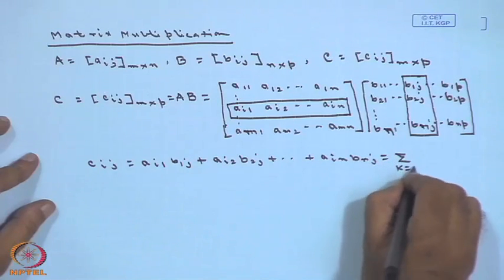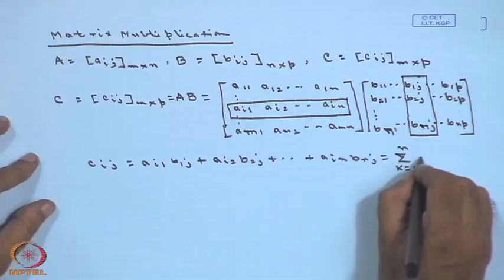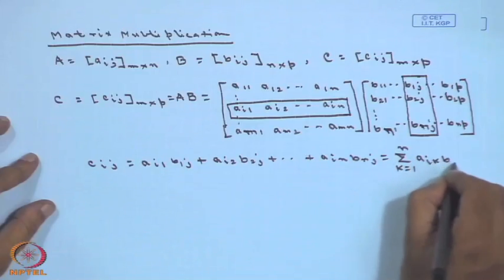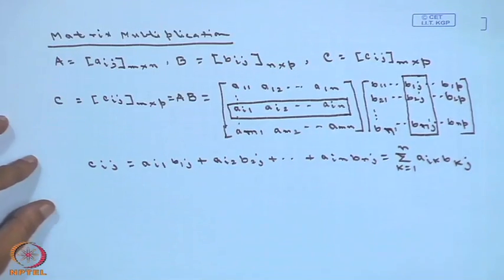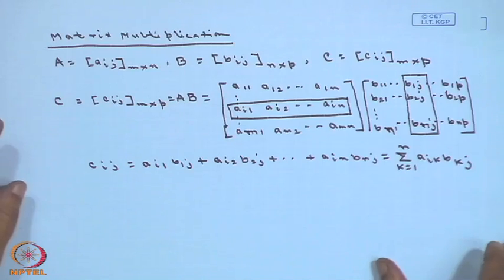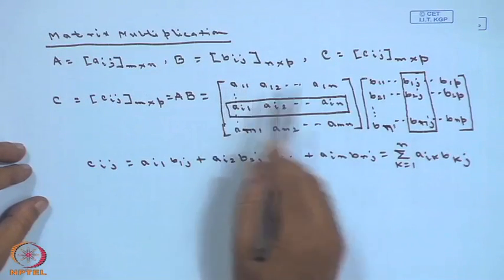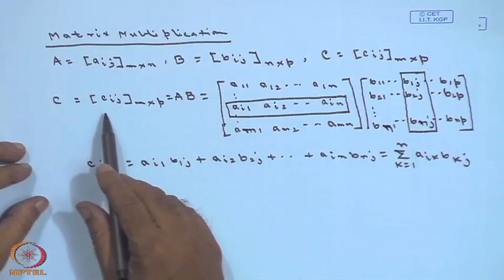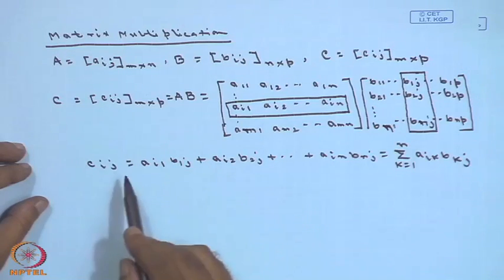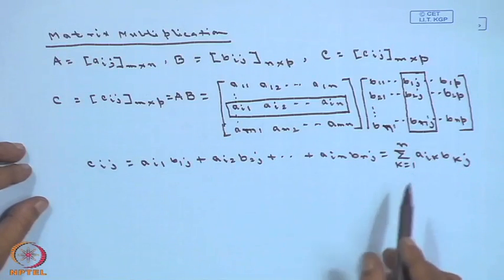In summation form, k equals 1 to n, Aik into Bkj. So, this is the product of elements. Like this way I can find out each element of the resultant matrix C, Cij, using this formula.